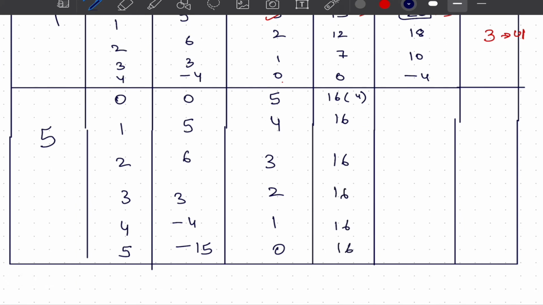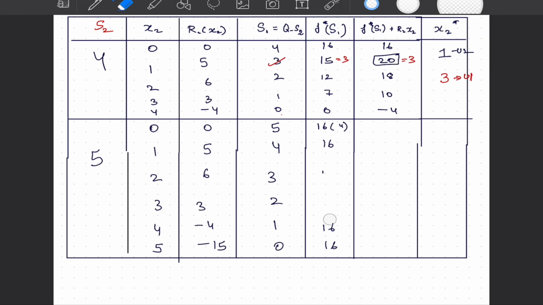So here we are going to have returns of 16, corresponding to the allocation of 4. All these units would be 16, 16, 16. Sorry, this should be 16, then 15, 12, 7, 0.